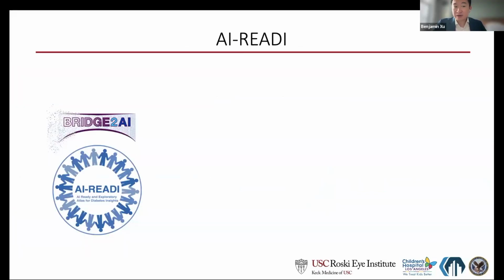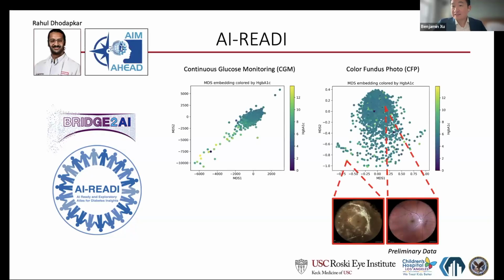For those of you who are not aware, there was a common fund that supported the acquisition of 4 AI-ready datasets, including one within ophthalmology for diabetes called AI Ready. And recently, we've been working with this AI-ready dataset within the IAI platform, and this is work that has been supported by the AIM Ahead training program.